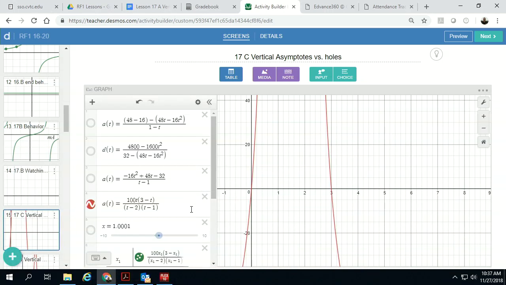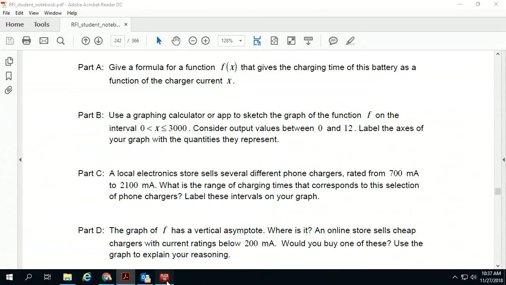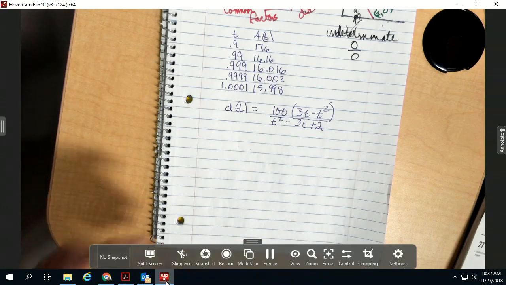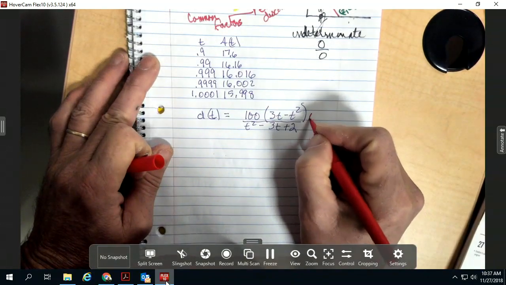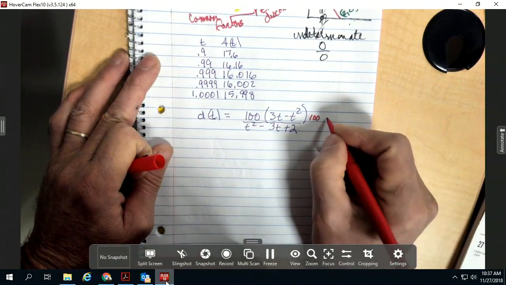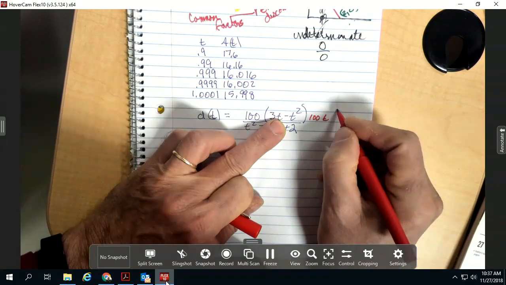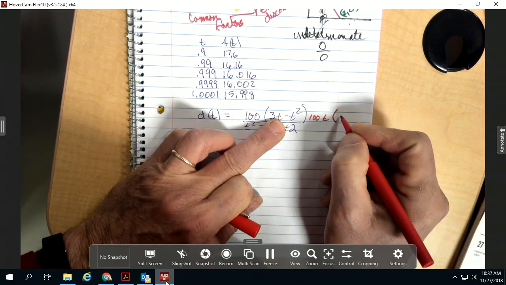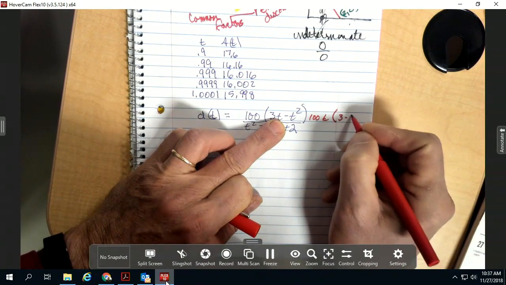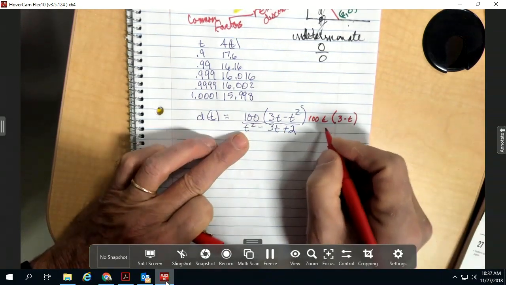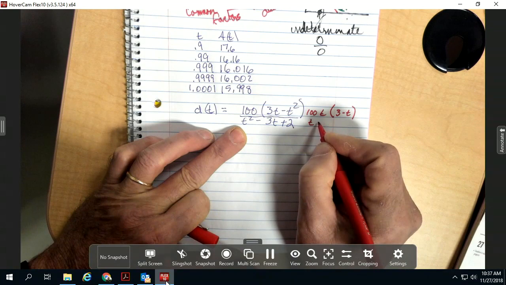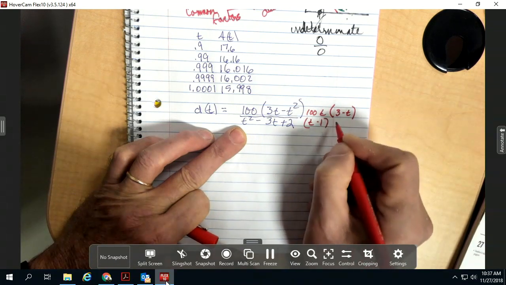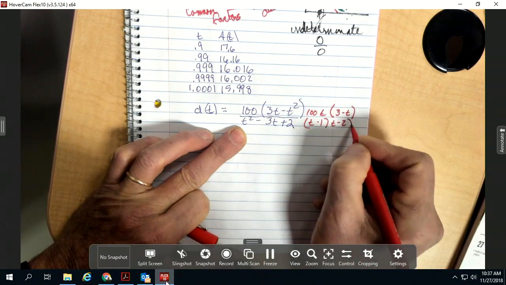Now, the other way that you could do it is on your paper, you could factor the numerator and the denominator, and the numerator factors into 100 times t. If I take a t out of both of these, I'll have 3 minus t. In the denominator, I can factor the denominator, and I get t minus 1, t minus 2.